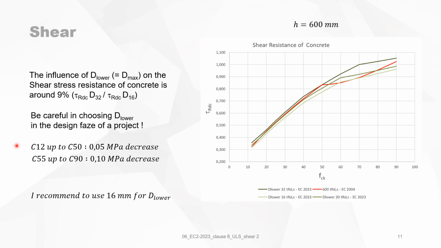And because of that 10% difference, I recommend to use 16 millimeter for d lower, but of course the D max in this case must be larger than 16 millimeters. But when you take d lower as 16, then you are putting yourself on the light green curve, and then you know you are safe.